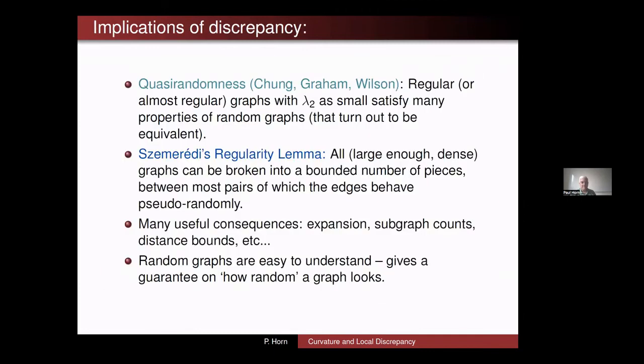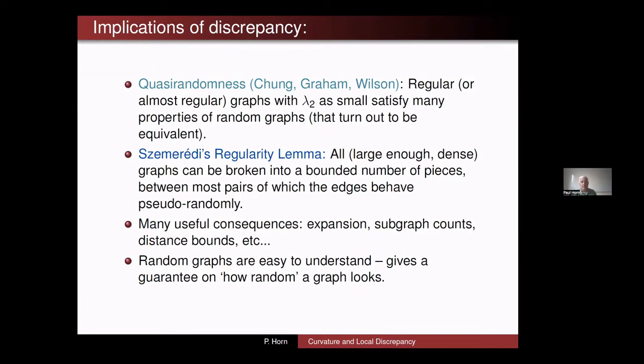Okay. And this pseudo-randomness kind of touches on a lot of things, and it's extremely useful in a lot of places.